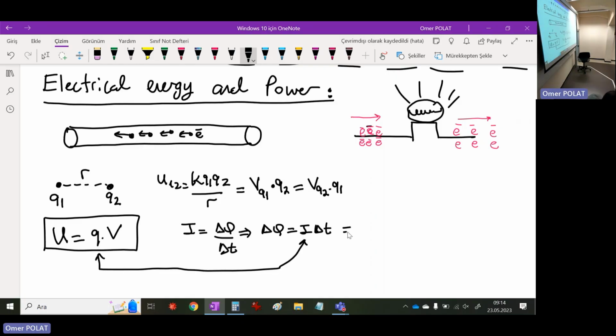I can define the energy of the moving electron. If I substitute Q is I delta T, the energy is delta V times I times delta T. Here is the energy carried by electrons in the cable.